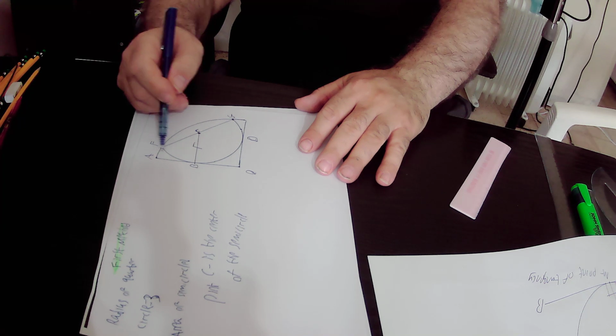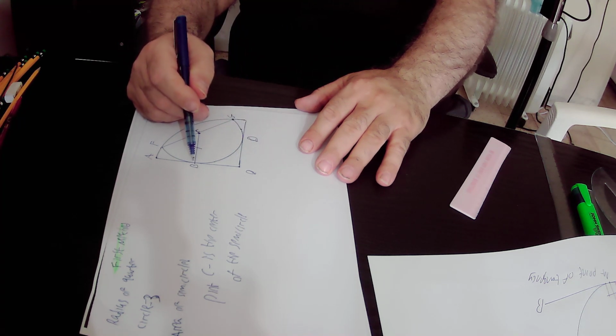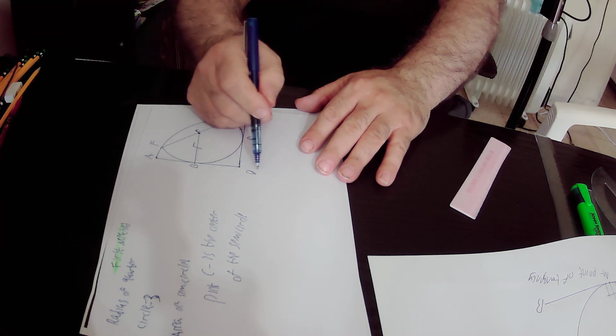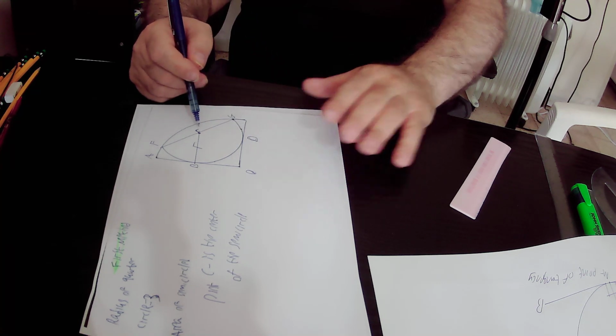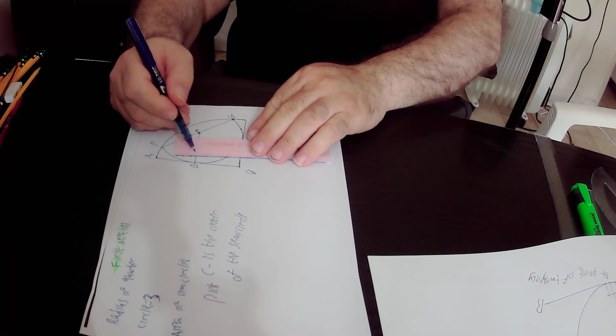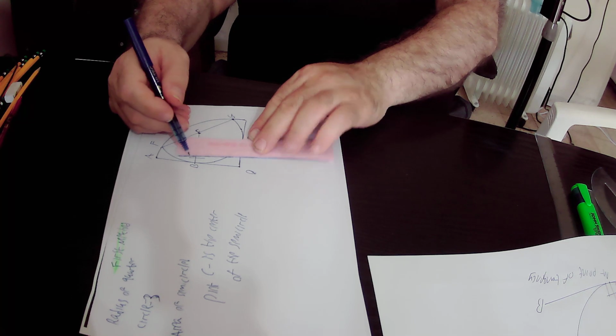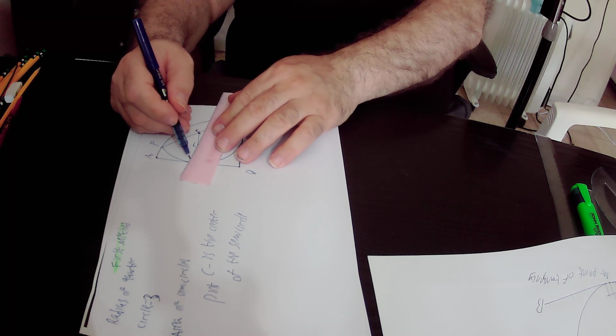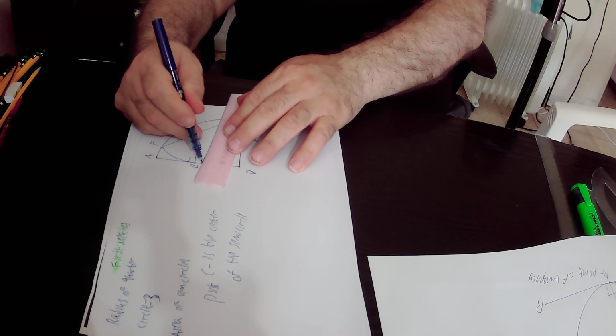In this case, tangent AD will be perpendicular to the radius BC. So AD is perpendicular to BC. That is to say, this angle will be equal to 90 degrees, and this angle will also be equal to 90 degrees.